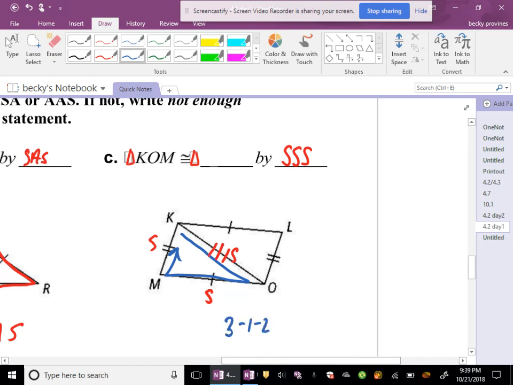If you follow that order on this other triangle up here, you will have the correct order. If I go down the side with 3 marks, then the side with 1 mark, then back down the side with 2 marks, that is your order. So it's OKL. All right, so that is your congruency statement.